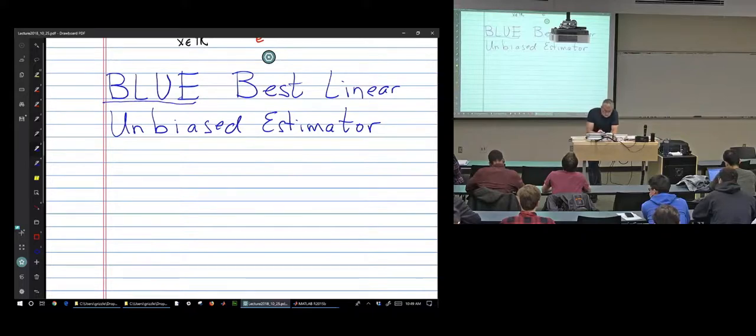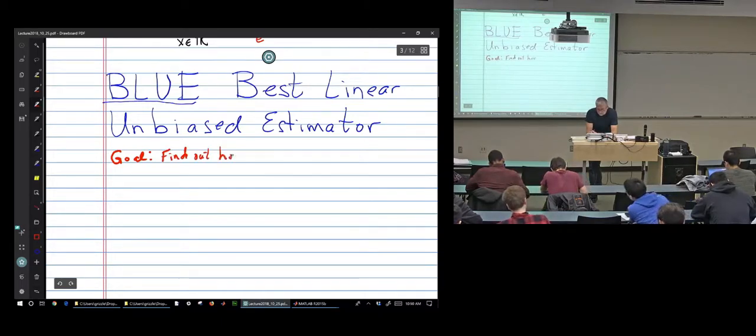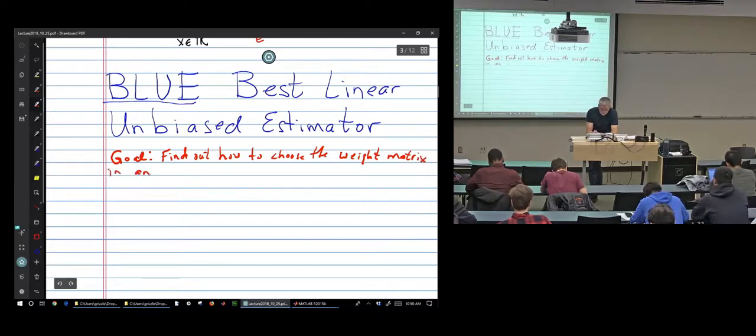Our goal is to find out how to choose the weight matrix in an overdetermined problem.